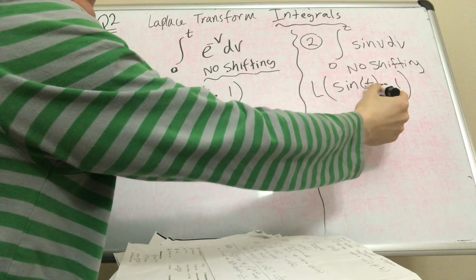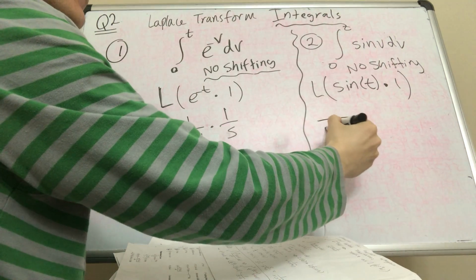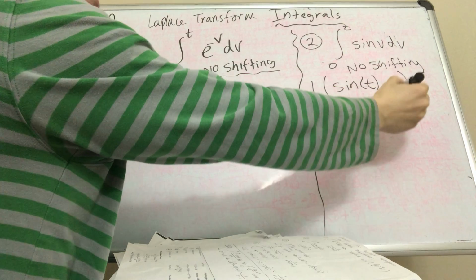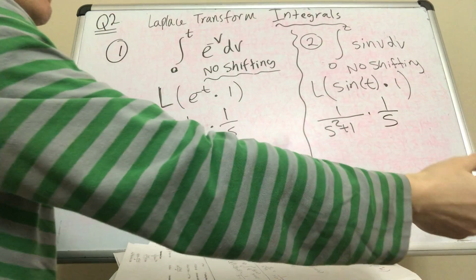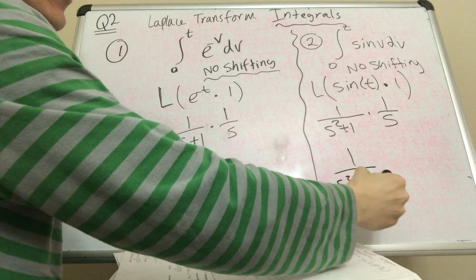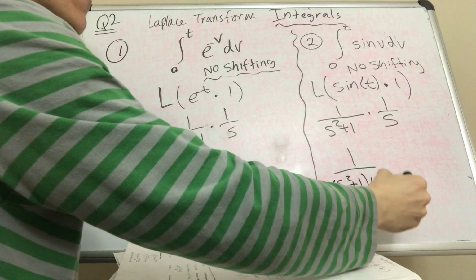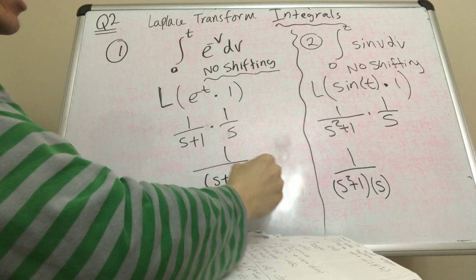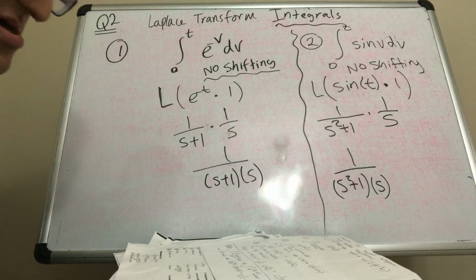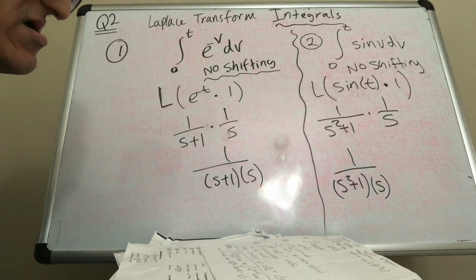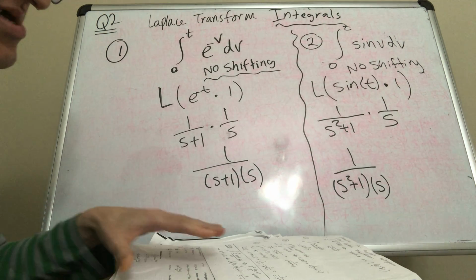The transformation for sine and the transformation for 1. Of course, you can write this as 1 over s squared plus 1 times 1 over s. So it's easy, it's not that big of a deal.